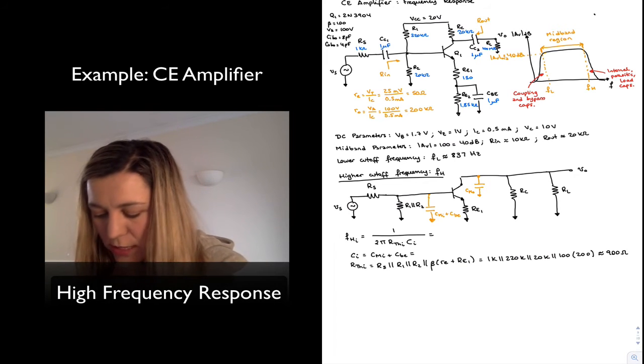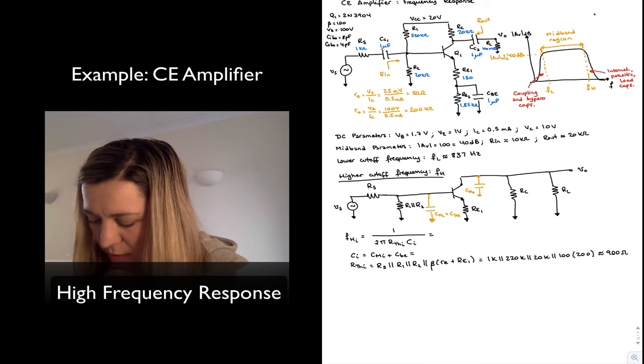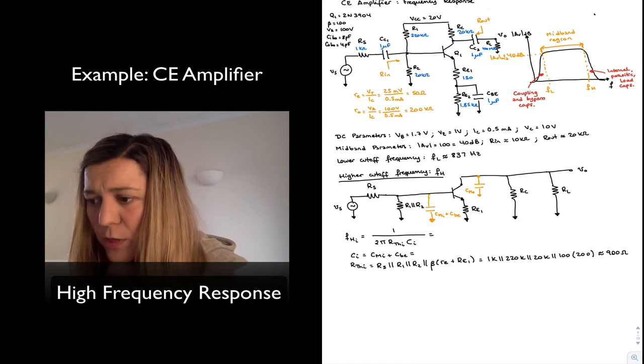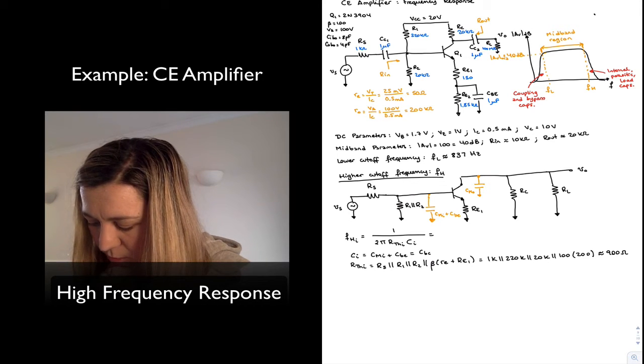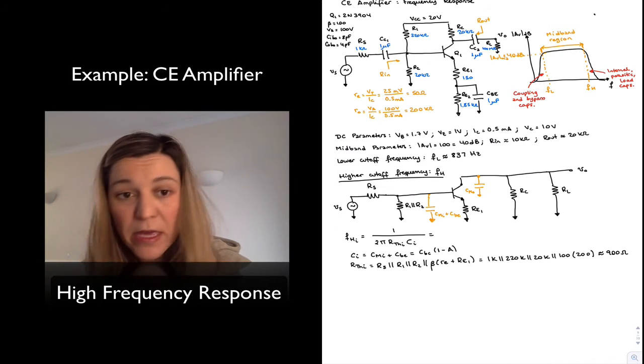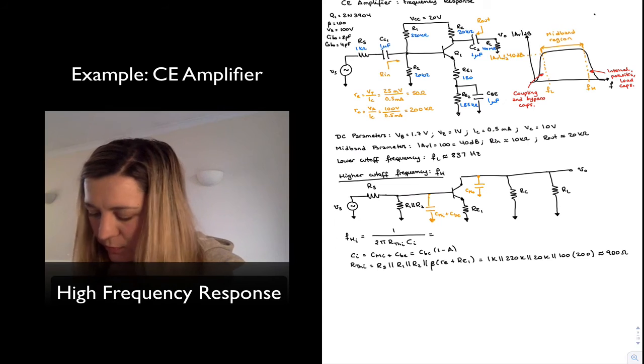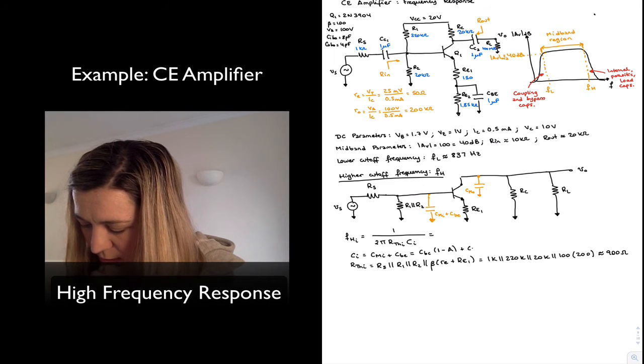I can also calculate my input capacitance separately. My Miller input capacitance is going to be equal to my CBC capacitance times 1 minus the gain being negative 100, plus CBE.